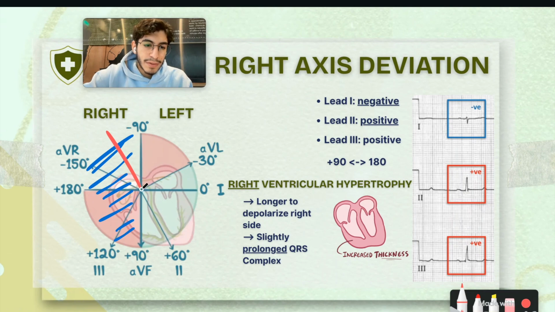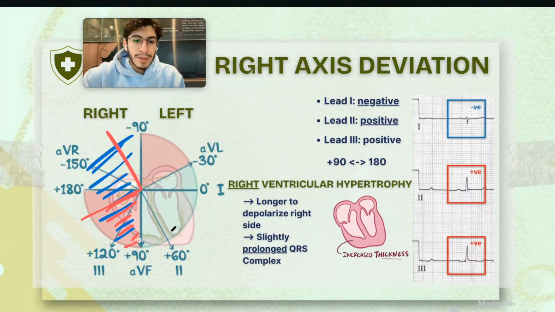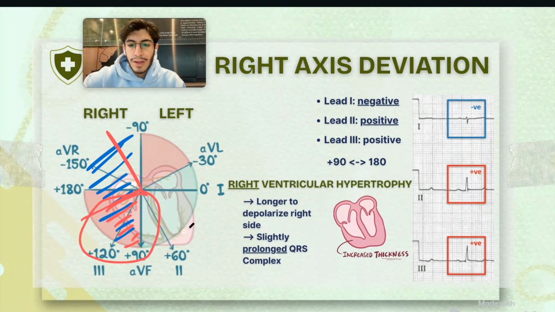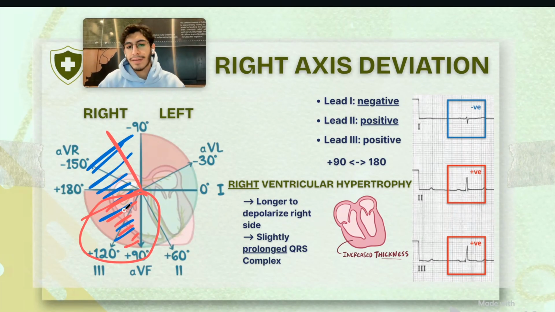So if lead 2 is positive, we take it from this side and we go like this. All right? So it's over here. So it's something like this. Lead 2 could be a little bit negative, but you can look at the overlap, and if lead 2 is positive and lead 1 is negative, that means it's the right side.